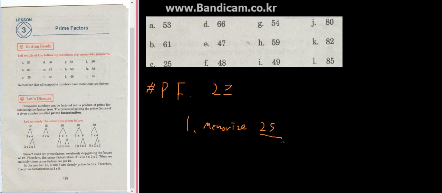So you can memorize the 25, or another way is to try dividing by 2, 3, 5, or 7. If you divide by these and the result doesn't come out as a decimal or fraction, then the number is a composite.